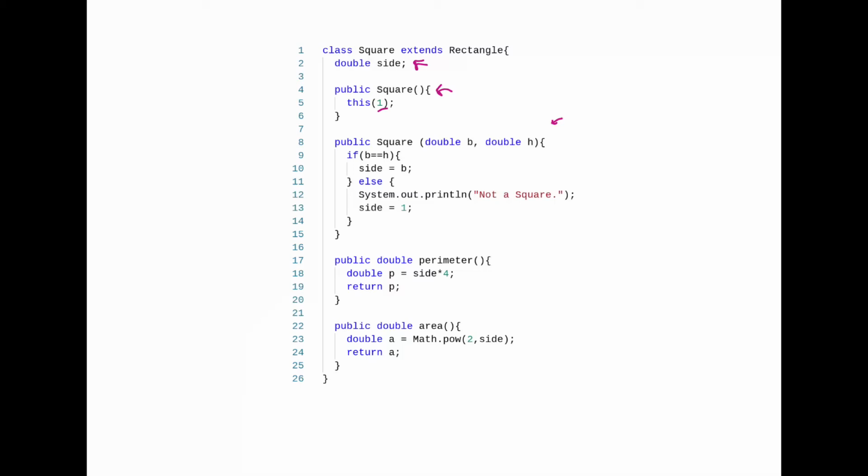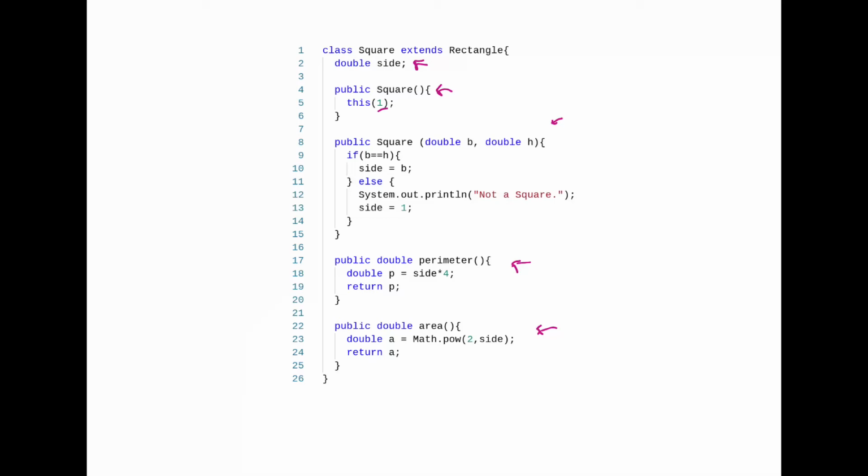And then we say if b is equal to h, then side is going to be equal to b. Else, we're going to reply that it's not a square, and then side is just going to be 1. That makes sure that our base and our height are the same, so that we do in fact have a square. And then once again we have our perimeter method and our area method.